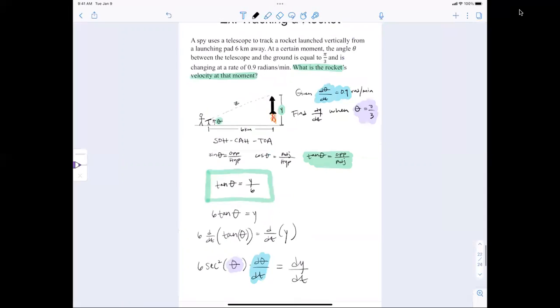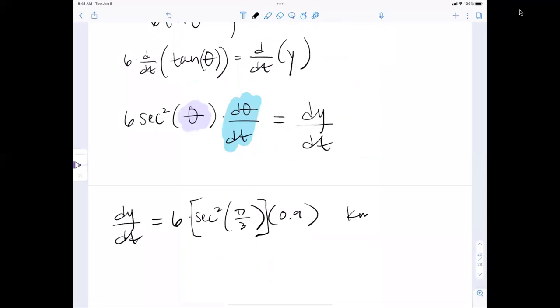So it'll be kilometers per minute. I don't know about you guys, I can't wrap my brain around what that value is. So to me, it would be easier to simplify.